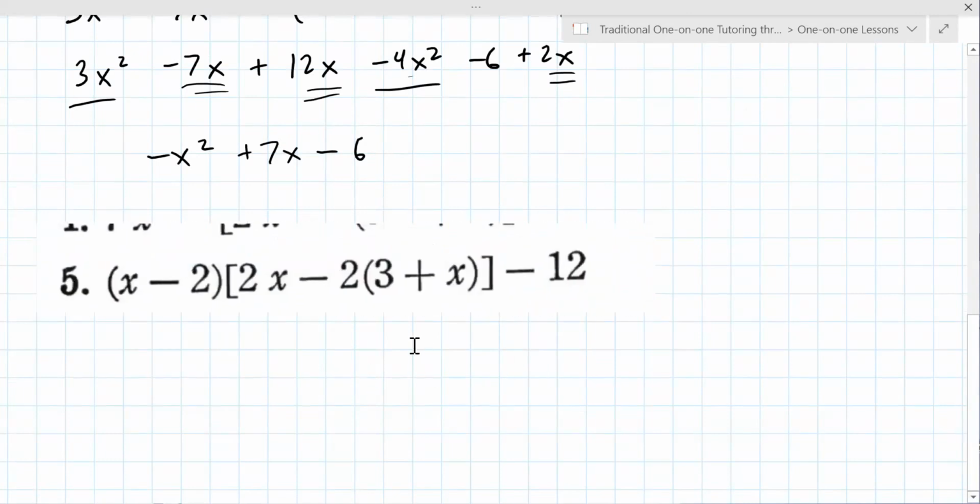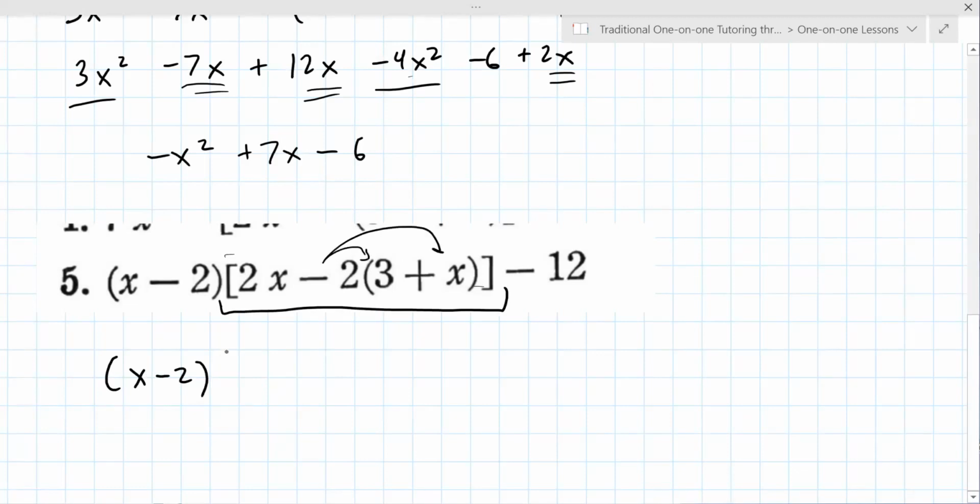So let's see, I see this thing multiplies all of this stuff inside the brackets, and then you subtract 12 at the end. So really we probably want to take care of whatever this is first. Yeah. Okay, so I'm going to bring the (x minus 2) down, distribute this negative in. So negative that's 6 minus 2x. Yes. And then nicely, see how this nicely worked out? Those cancel, 2x and minus 2x.